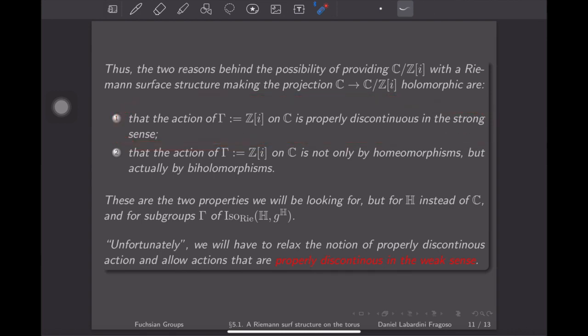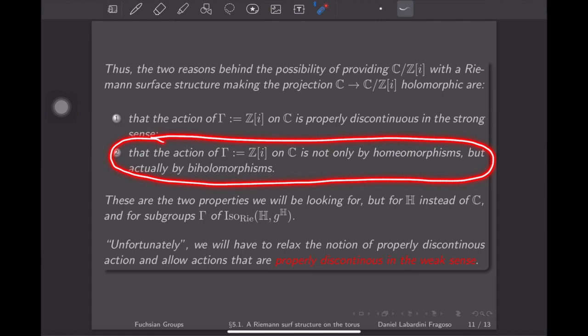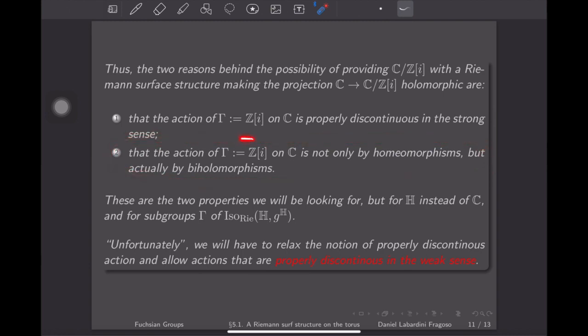And second, one would like that the action itself is given by holomorphisms, so that the group acts by holomorphisms on the given, well, in this case the complex plane, or on the given, let's say, open subset of the complex plane.